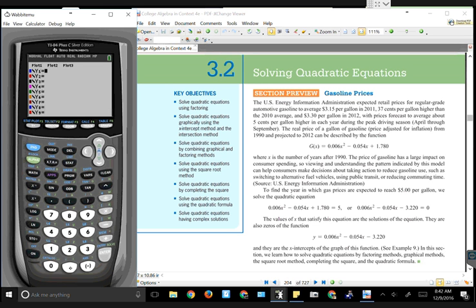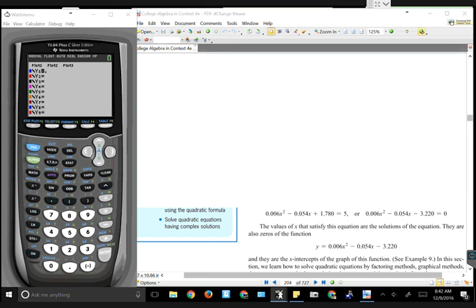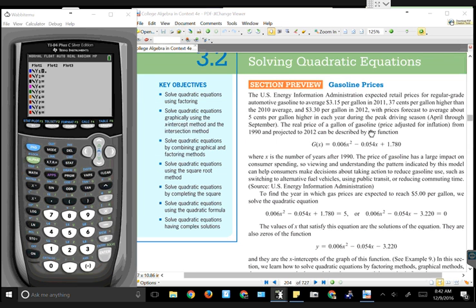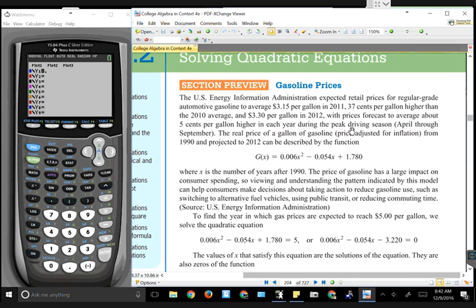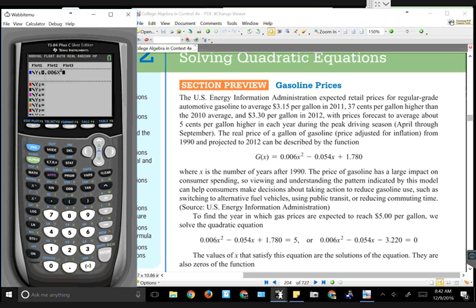I've got point 0.006x squared minus 0.054x plus 1.78.